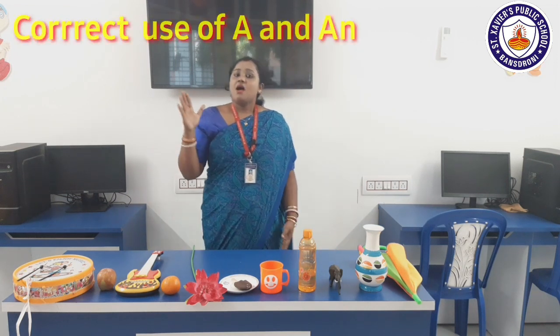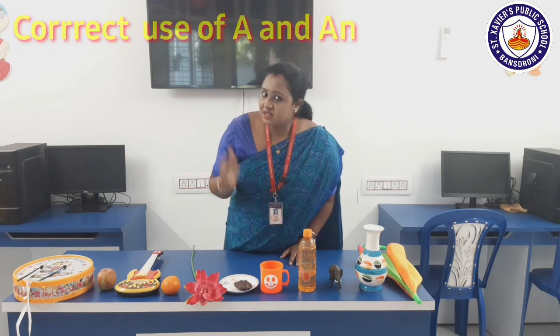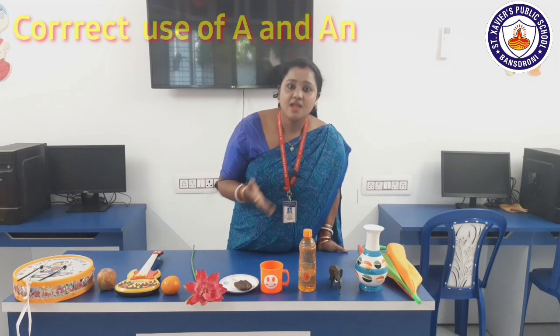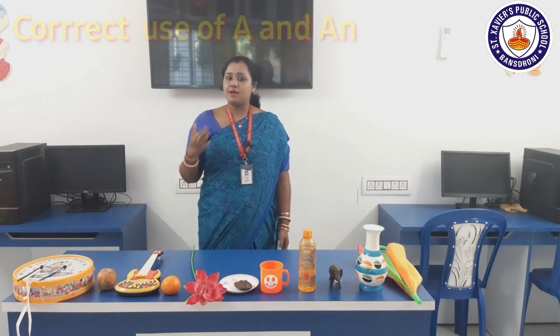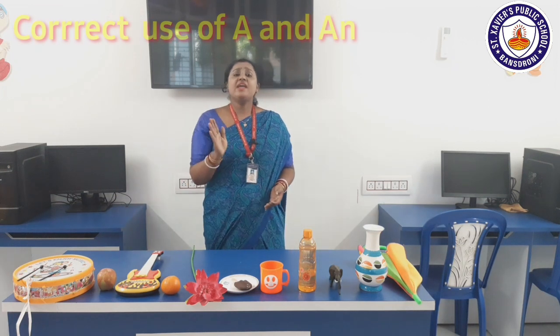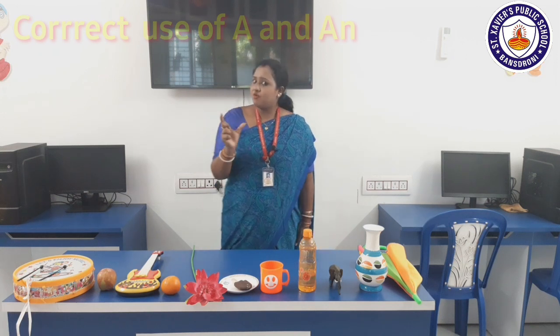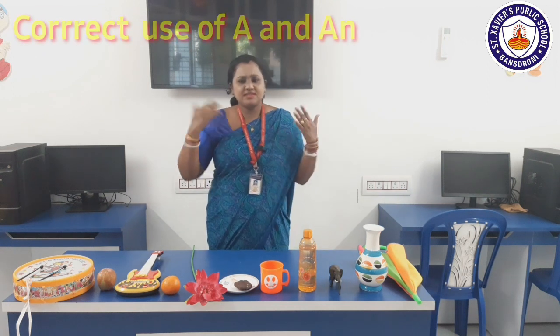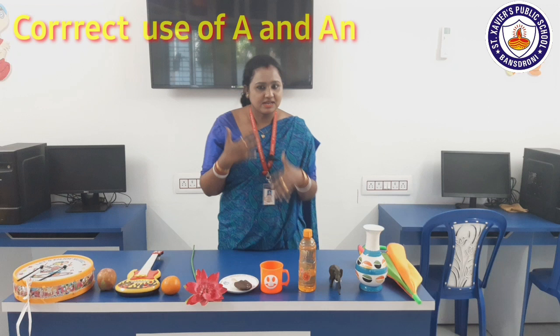And the remaining letters other than A, E, I, O, U are B, C, D, F, G, H, J, K, L, M, N, P, Q, R, S, T, V, W, X, Y, Z. All the other remaining 21 letters are called consonants. Before words starting with the consonants, we will always use a. I know it sounds a little difficult and a little confusing.